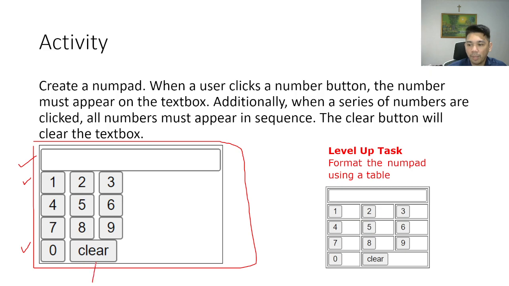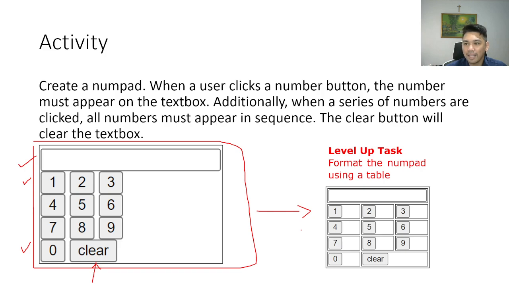And then you have one button for clear. And then if you still have the time, you do the level up task: use a table to format them so that they will look better, so that later on we can add CSS and everything will be aligned.